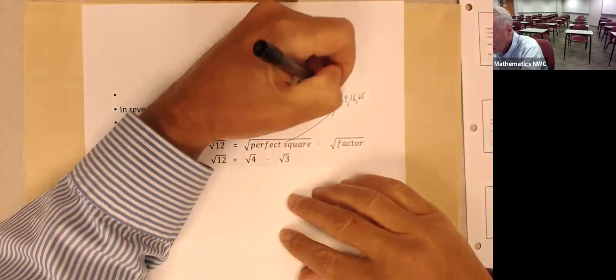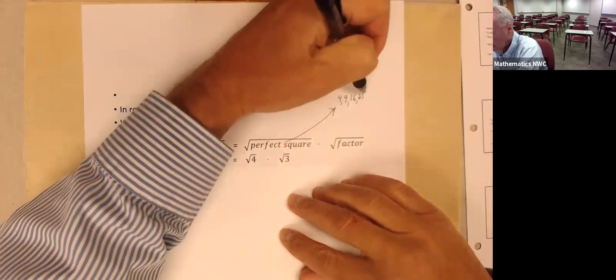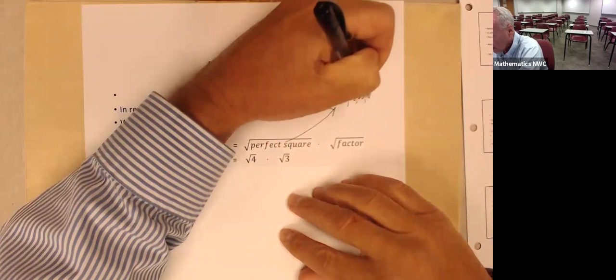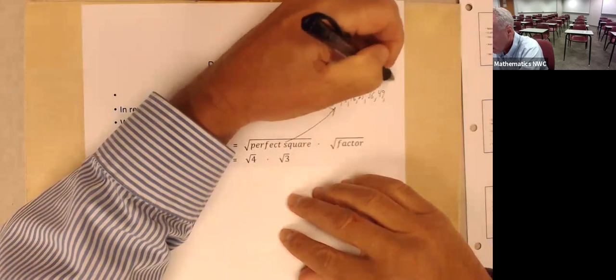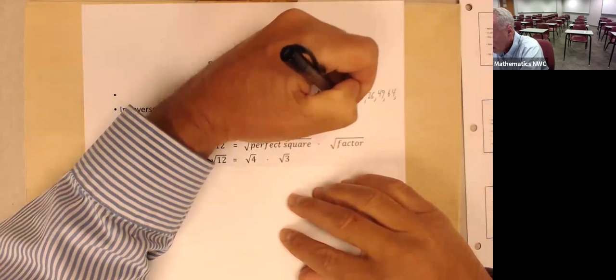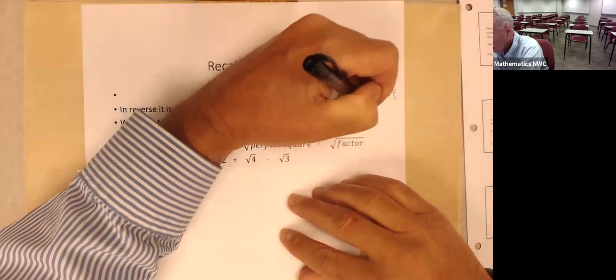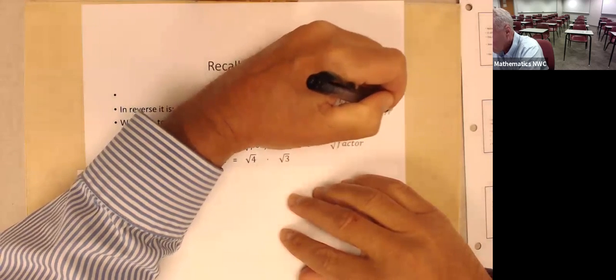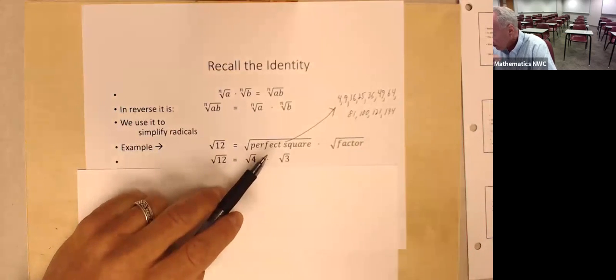This is 2 times 2, 3 times 3, 4 times 4, 5 times 5. The next one would be 36, 6 times 6, 7 times 7, 49, 8 times 8, 9 times 9, 10 times 10, 11 times 11, and 12 times 12. These they would kind of like you to have down by memory. They're all perfect squares.